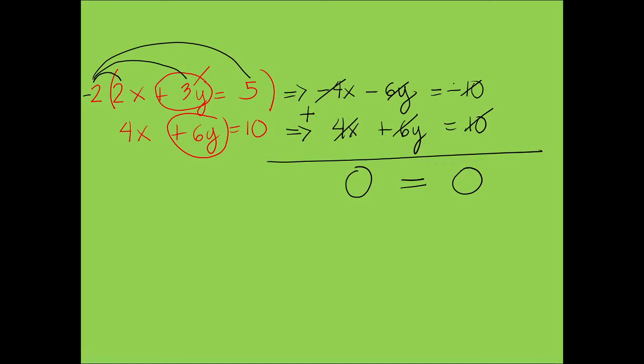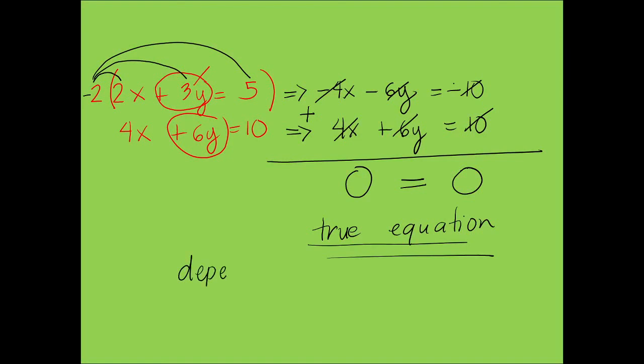0 equals 0. There is nothing wrong with this. This is what you call a true equation, and this is what you call a consistent, dependent system.